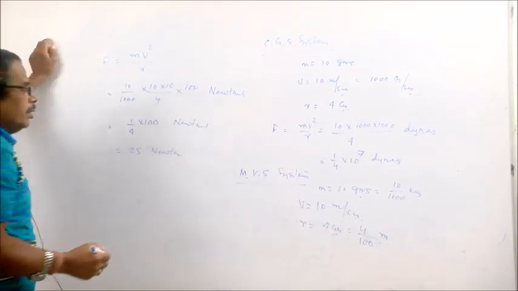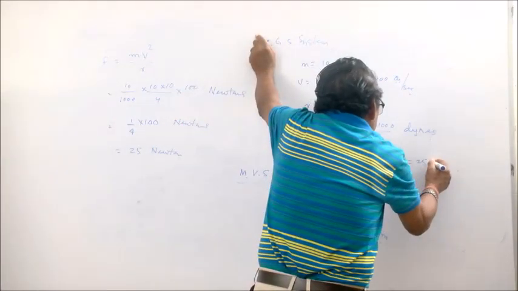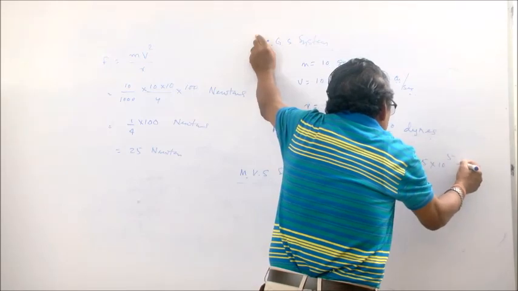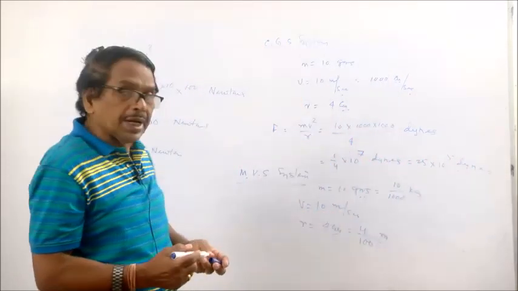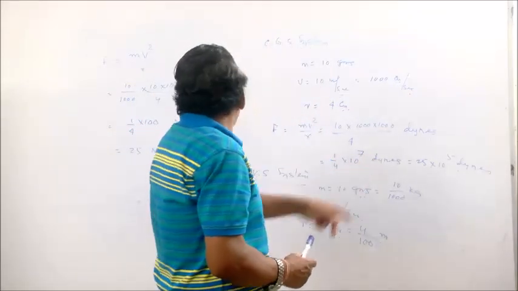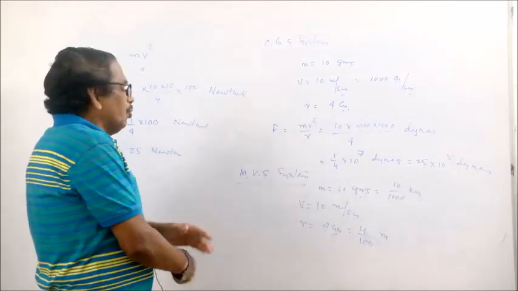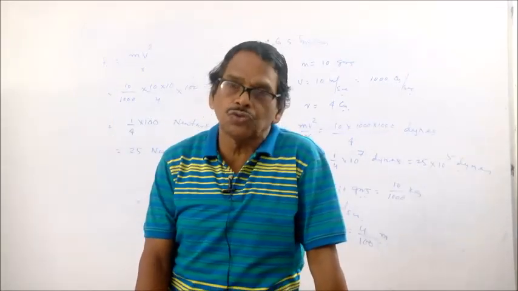Here also you can write 1 by 4, that is 25 into 10 to the 5 dynes, and you know that 1 Newton is 10 to the 5 dynes. So 25 into 10 to the 5 dynes here becomes 25 newtons.